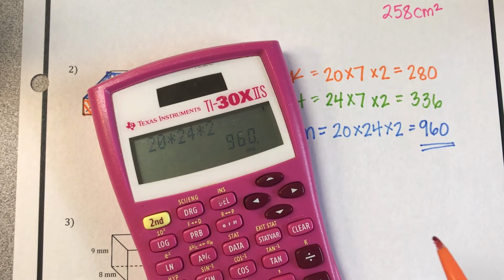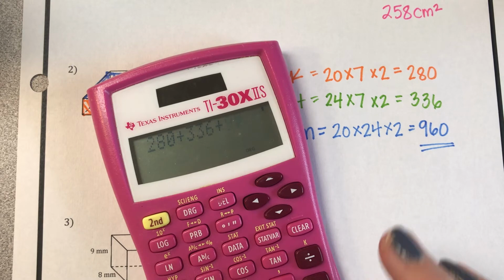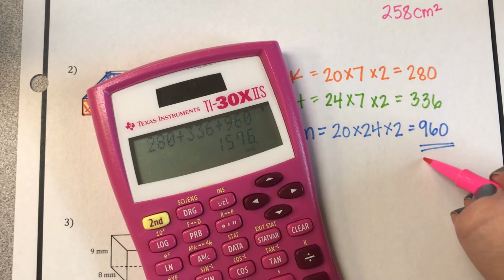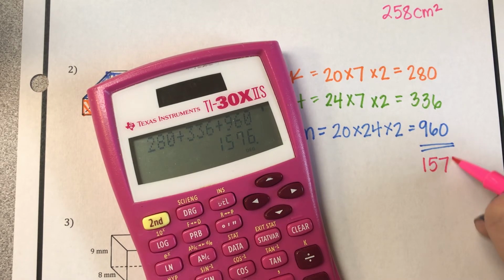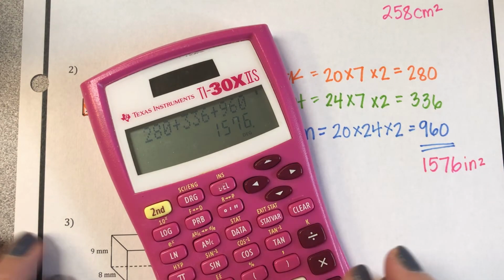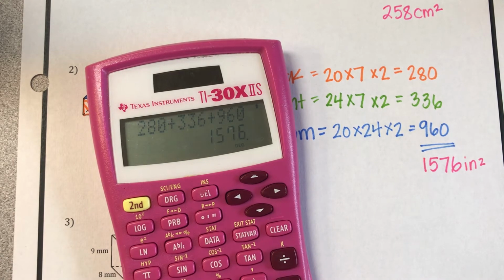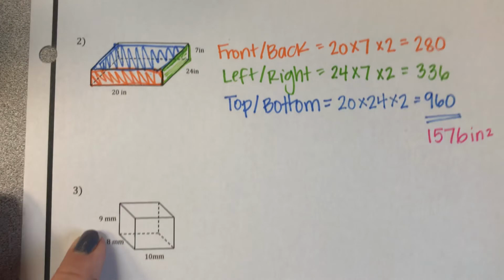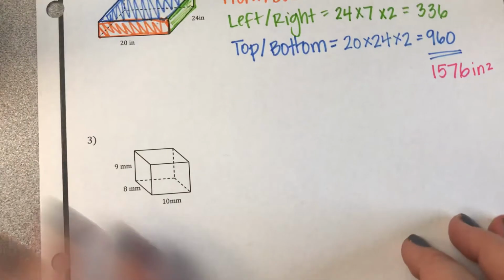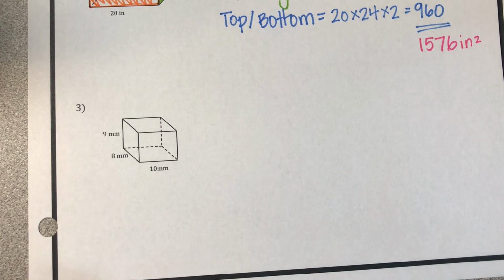So now we're going to add them all together. 280 plus 336 plus 960, 1,576 inches squared. Okay, I'm just checking it one time. There we go. Okay, so if you want, why don't you pause the video, try this one on your own, and then we'll come back and check your answer.